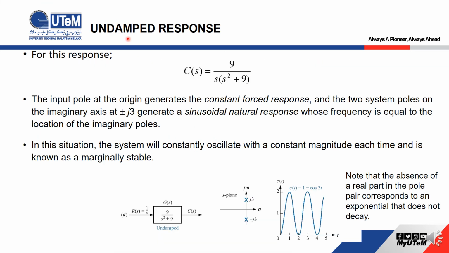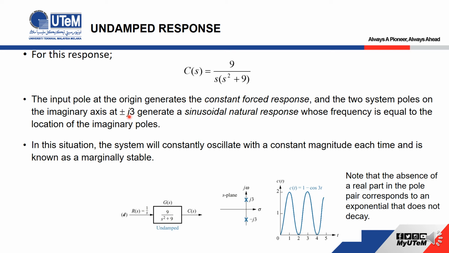For the undamped response, this is the same as the previous response, where the input pole at the origin generates the constant forced response, and the two system poles are on the imaginary axis at plus minus j3. This comes from this equation, where when we set this equal to 0, we get S equal to negative j3 and S equal to positive j3.